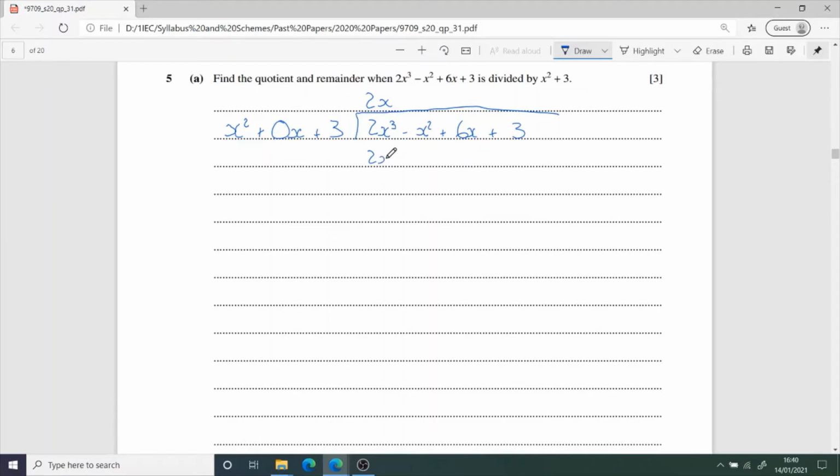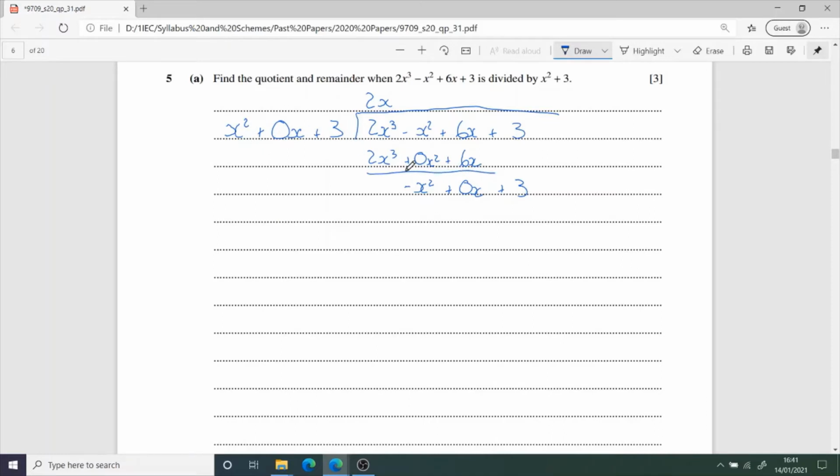So 2x cubed plus 0x squared plus 6x, and subtract that, and we get nothing here. Here we get minus x squared, subtract 0x squared, so minus x squared. 6x take away 6x is nothing, so plus 0x, and we'll bring this 3 down, plus 3.